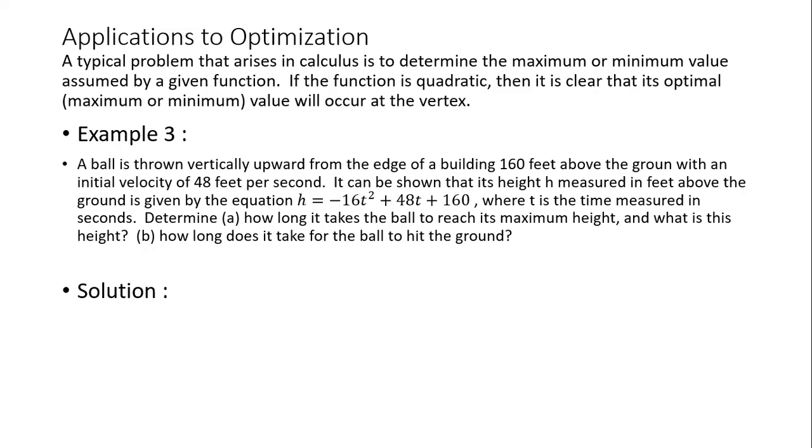If the function is quadratic, then it is clear that its optimal, meaning maximum or minimum, value will occur at the vertex. Now in calculus, we're going to learn a different method to find maximum and minimum points. But if it is a quadratic function, just from the vertex, we can find the maximum or minimum value. Okay, let's see this example.